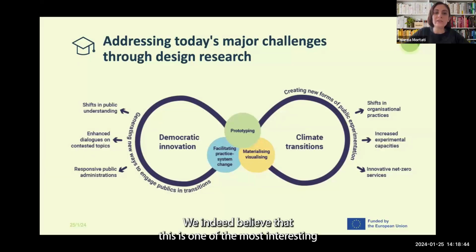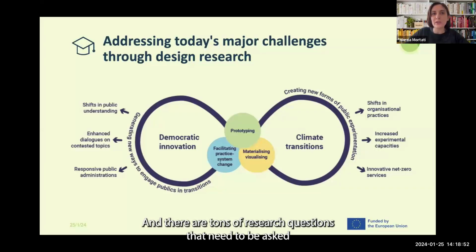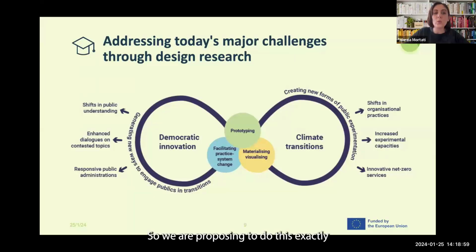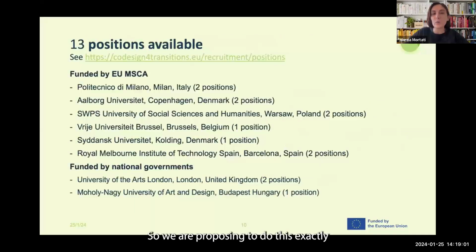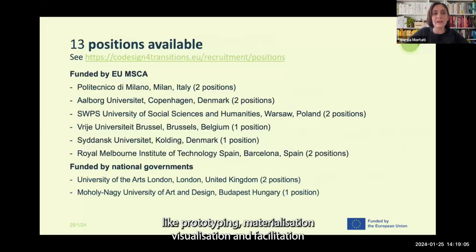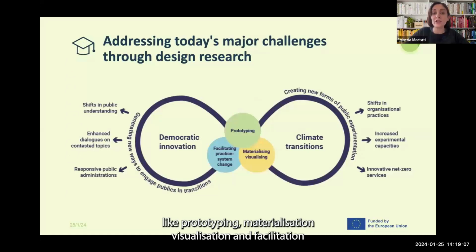We indeed believe that this is one of the most interesting and exciting areas of research in which we can be today. And there are tons of research questions that need to be asked, researched, investigated, and answered at this crossroad.